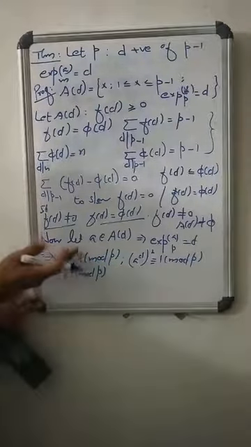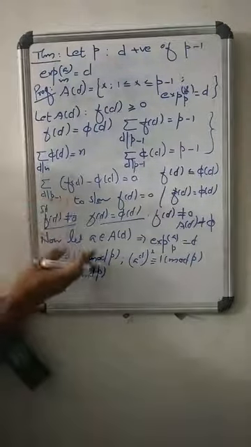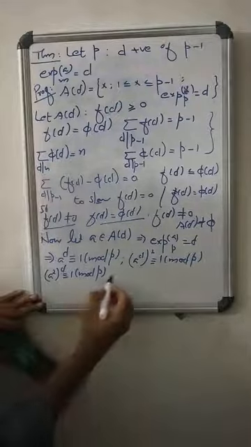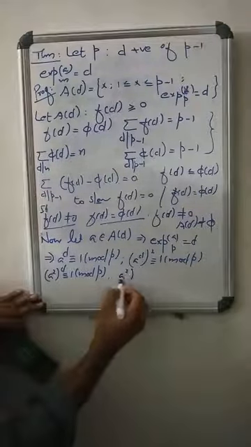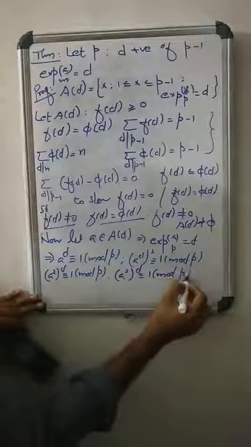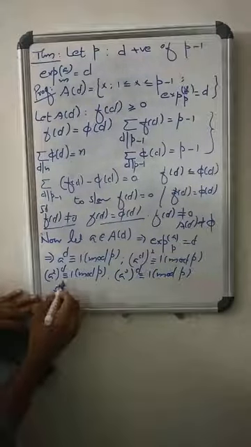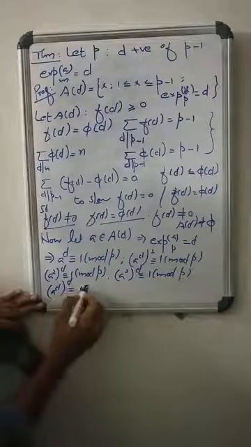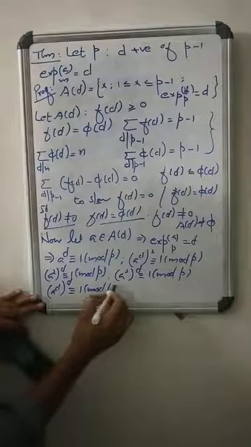By the same argument, a power d whole cube is again congruent to 1 mod p, that is a cubed all power d is also congruent to 1 mod p. So proceeding like this, finally a power d all power d is also congruent to 1 mod p.